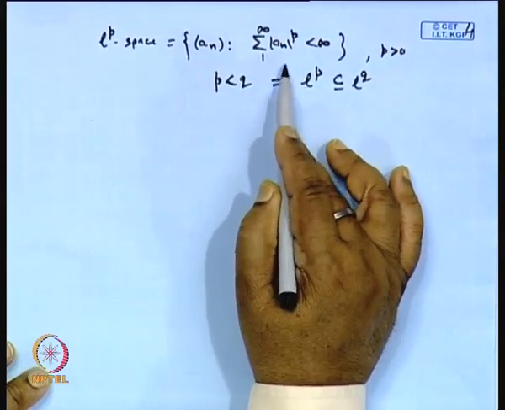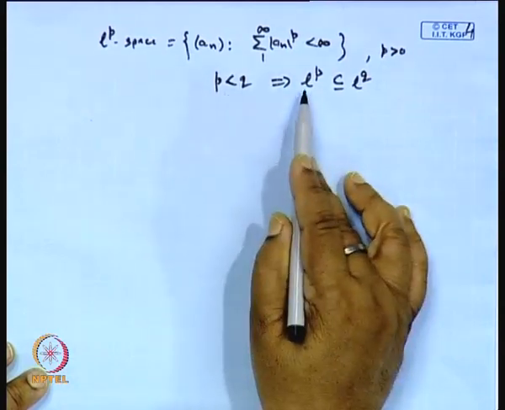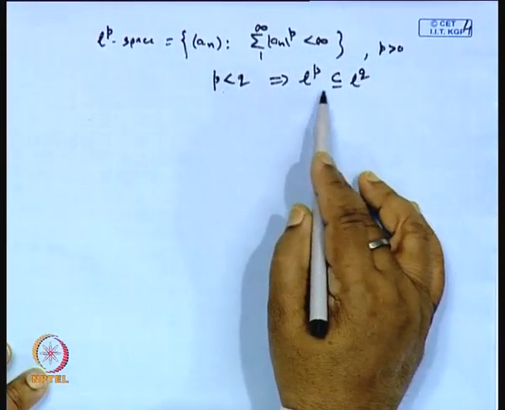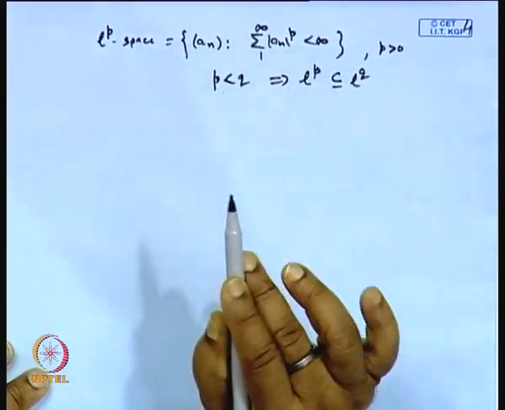So, the nth term will be less than 1, and therefore when we raise the power, the quantity decreases, and we get l^p contained in l^q.